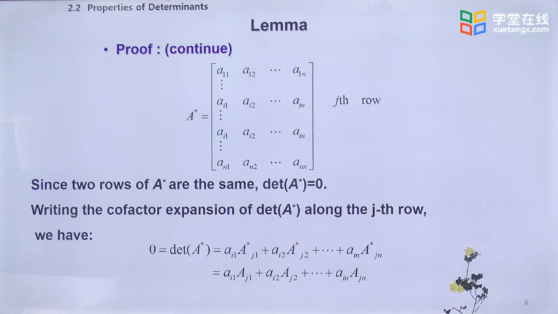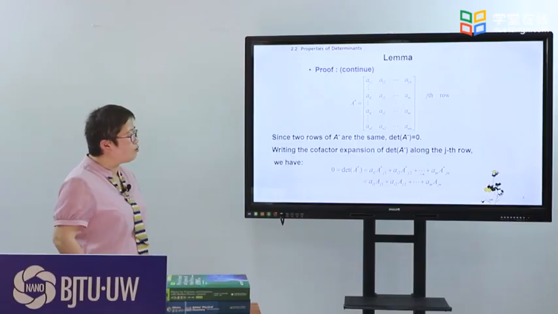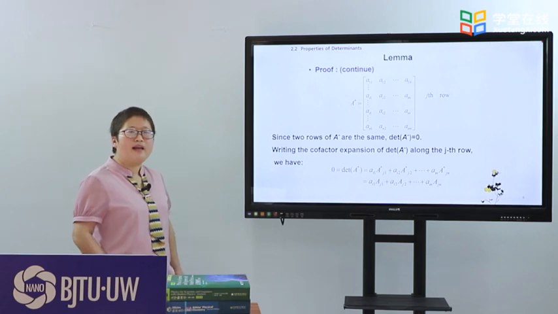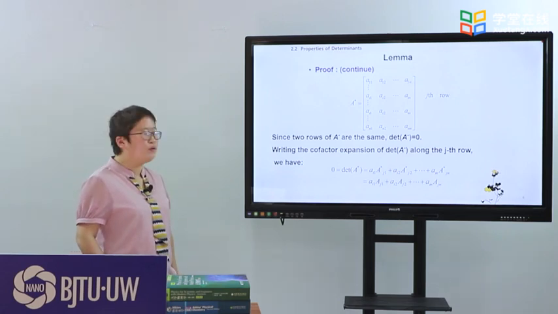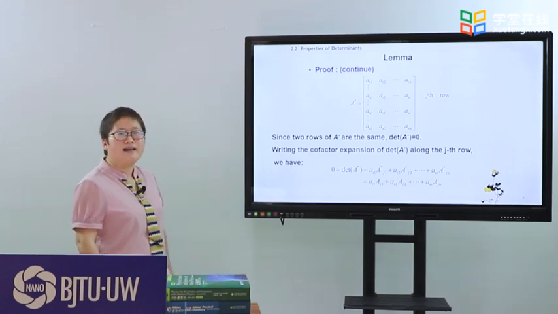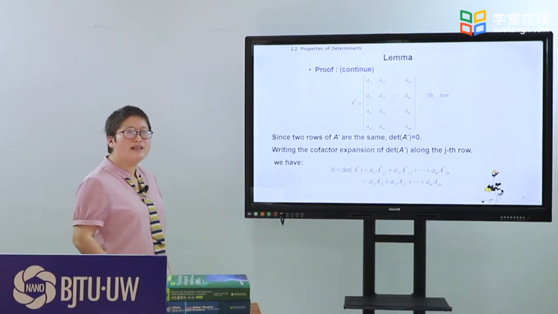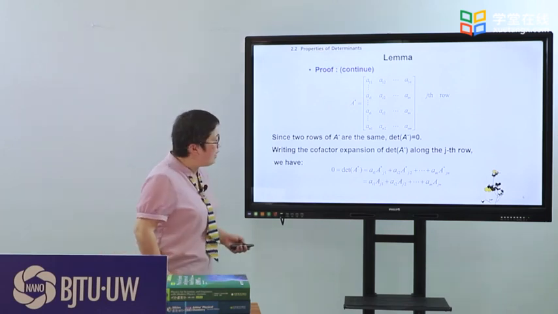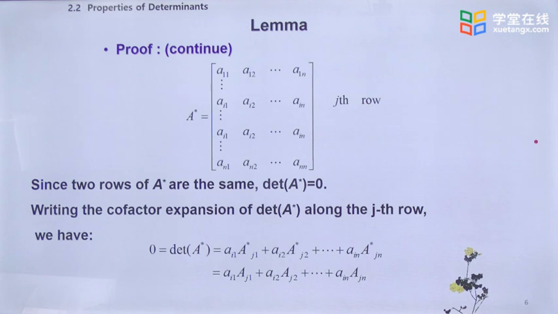Okay, and then think about A star j1, A star j2 till A star jn. They are equal to A_j1, A_j2 till A_jn correspondingly. Why? This is important, right? Because A star j1 equals a sign times the determinant of the submatrix obtained by deleting the entry in the jth row and the first column of A star.